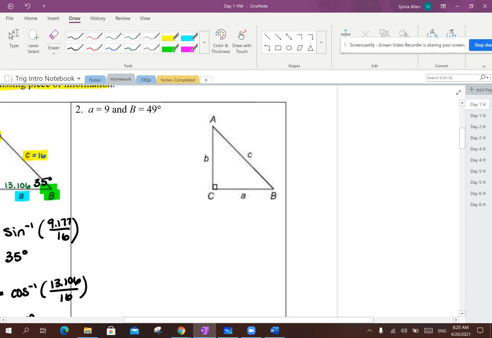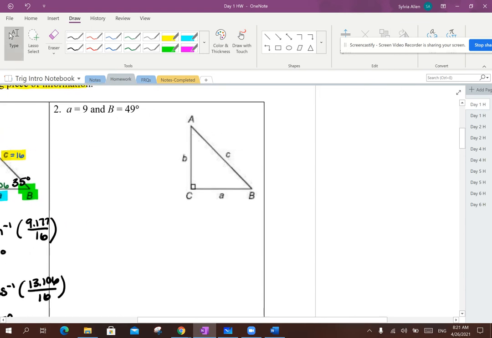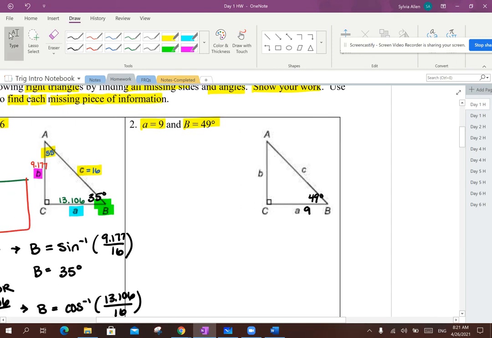All right. Now let's take a look at number 2, answer the questions. All right, so the first thing we're going to do is to mark up what we know. So A is 9. And then angle B is 49 degrees. Okay, so from here, we know the angle and we know the adjacent. So it doesn't matter where we start, we just need to start finding the side.